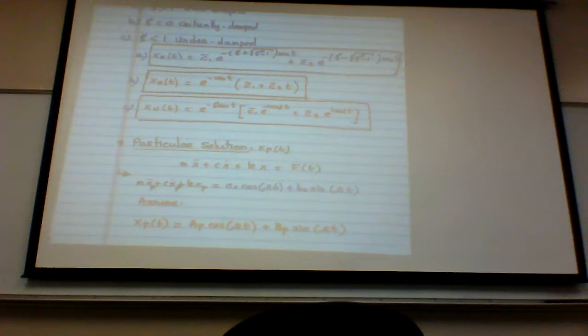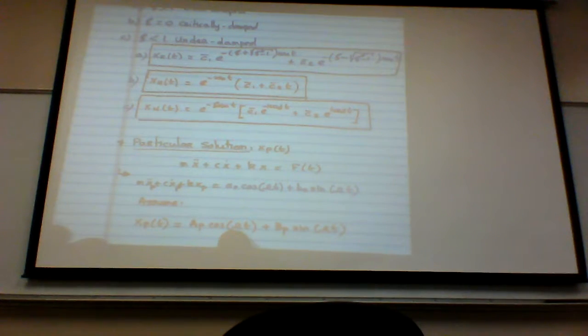All right, so now what do we need to do with this x? We need to differentiate once for the damping and differentiate a second time for the mass. Then we substitute into this equation and equate this side to this side. How do we solve for the values of A sub p and B sub p? We equate the coefficients in front of the cosine and sine functions, and that will be it. So the general form of the solution is A p cosine plus B p sine.